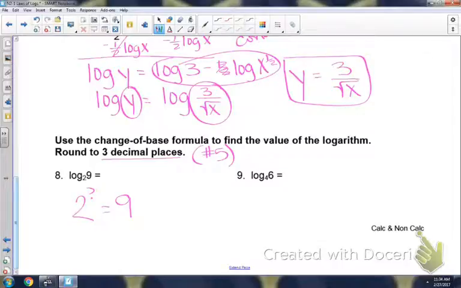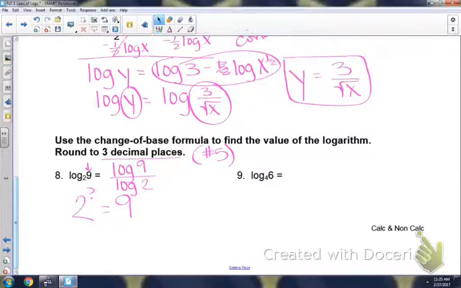You can change it to base 10, so that way you can evaluate on the calculator. So I'm going to do log of 9 divided by log of the original base, which is 2. So you have to remember that formula. It's log of this number first, and then log of your base on the bottom.